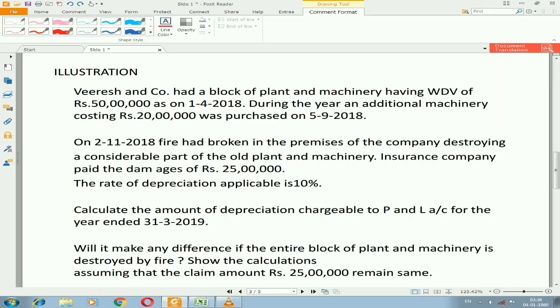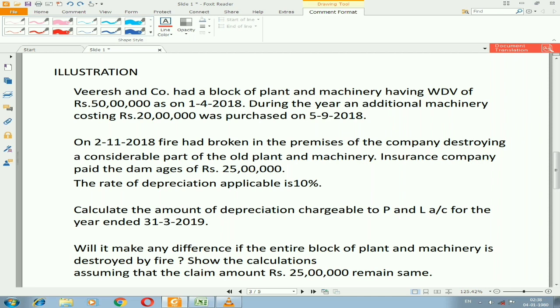Let me solve one more illustration, which is also a question paper problem. Viresh and company had a block of plant and machinery having WDV of rupees 50 lakhs as on 1/4/2018. During the year, an additional machinery costing rupees 20 lakhs was purchased on 5/9/2018.